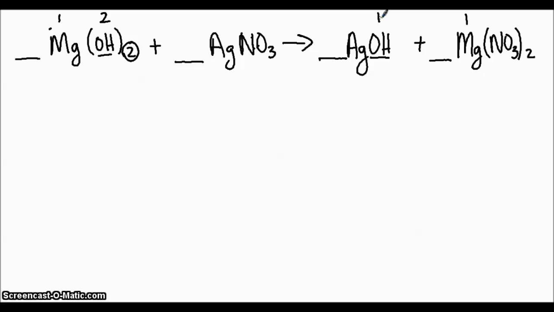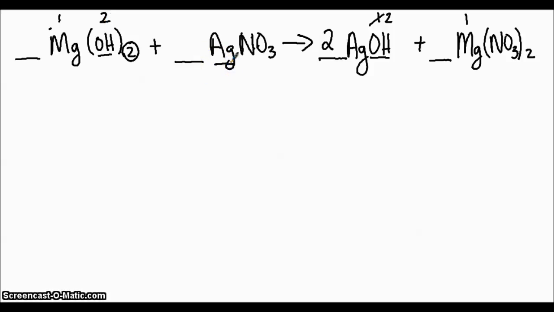So to make it balanced, I just put a 2 in front of my AgOH, and that brings my 1 up to 2, because 1 times 2 gives me my 2 OHs. So now I go back, and my magnesium is still balanced, 1 and 1. My OH is still balanced, 2 and 2, so I can go on to Ag.